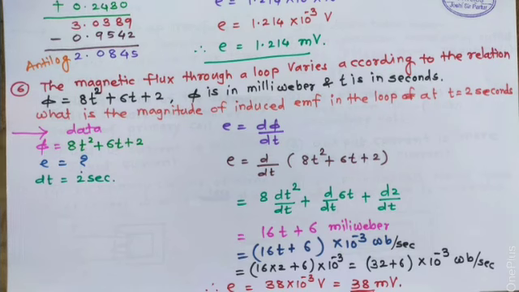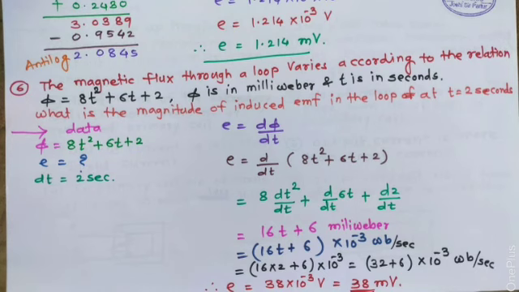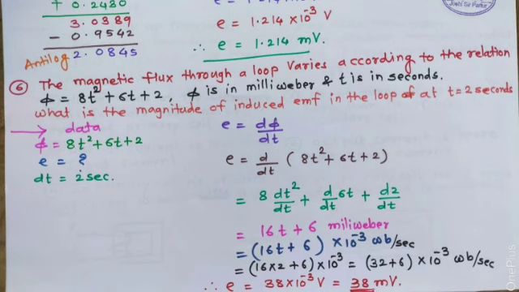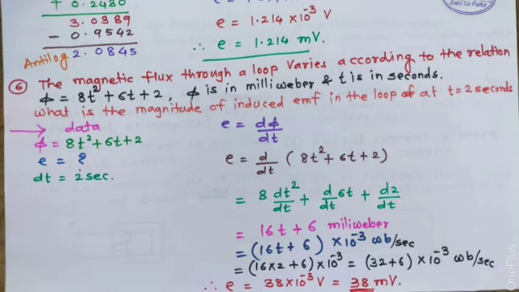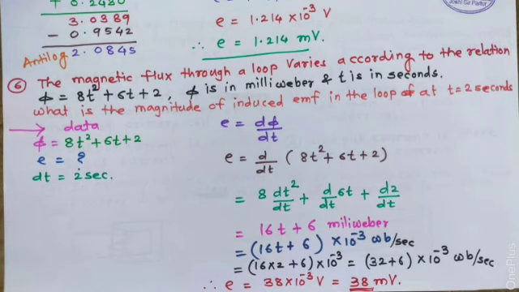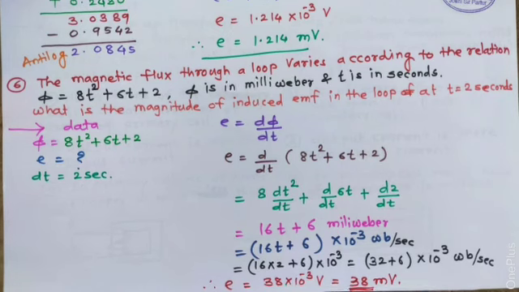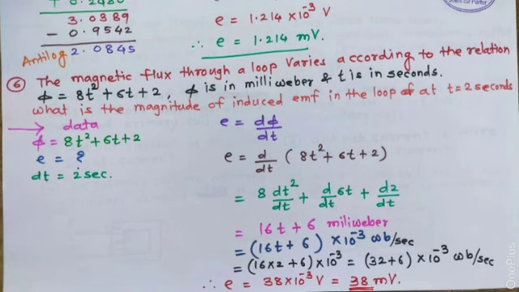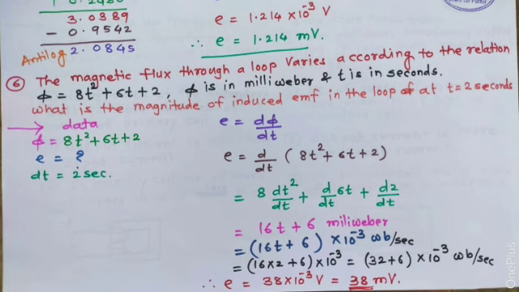According to Faraday's second law, E equal to d phi upon dt, E equal to d upon dt in bracket 8t square plus 6t plus 2. So we can write 8 d t square upon dt plus d upon dt into 6t plus d2 upon dt. Here d2 upon dt gets cancelled.